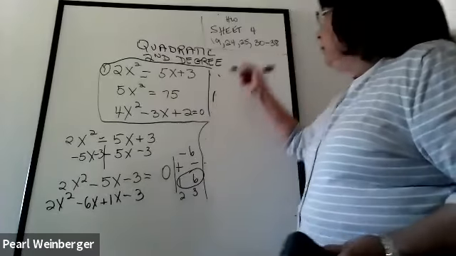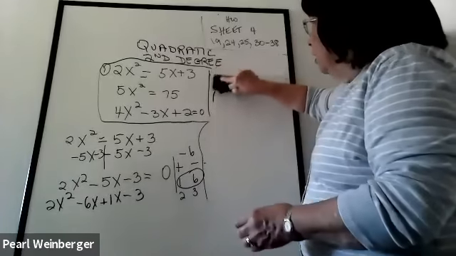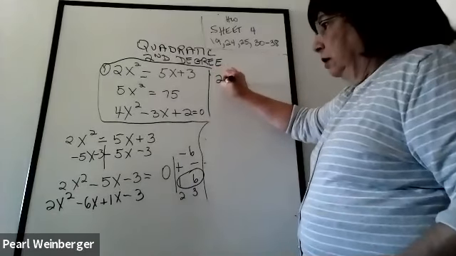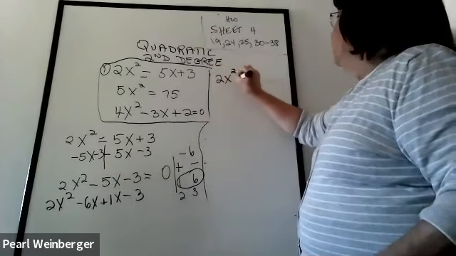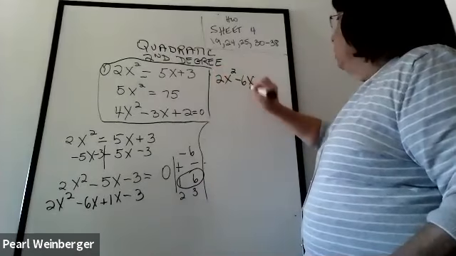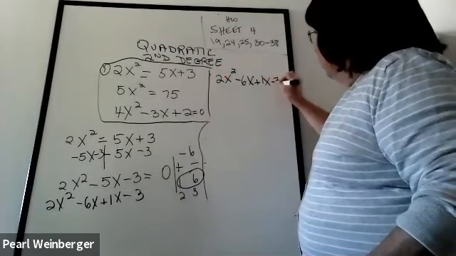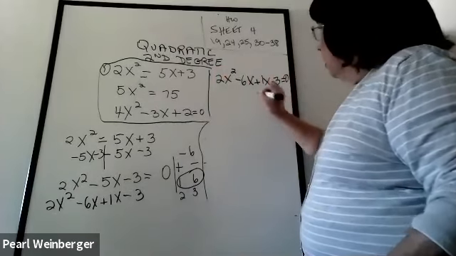So now we have the 2x squared, the -6x, the +1x, and the -3, that equals 0.